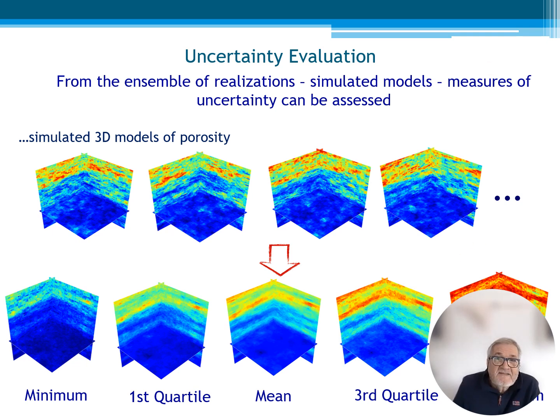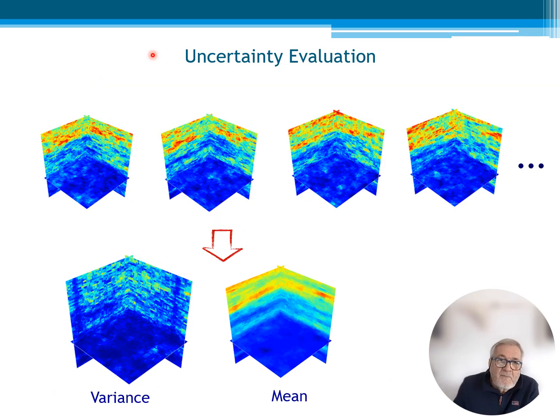Remember that as it is a porosity model, the first and third quartiles correspond to the most optimistic and conservative scenarios about the potential local sand reservoirs, for example. The interquartile range, Q3 minus Q1, is a robust measure of local uncertainty and risk. We can compute minimum and maximum, but also the variance, which is another measure of uncertainty.